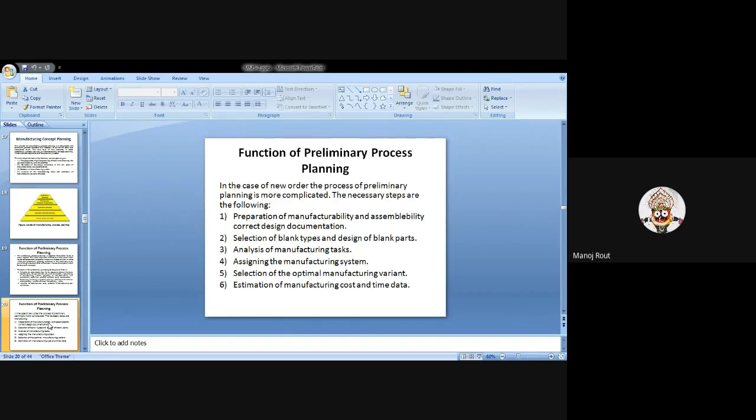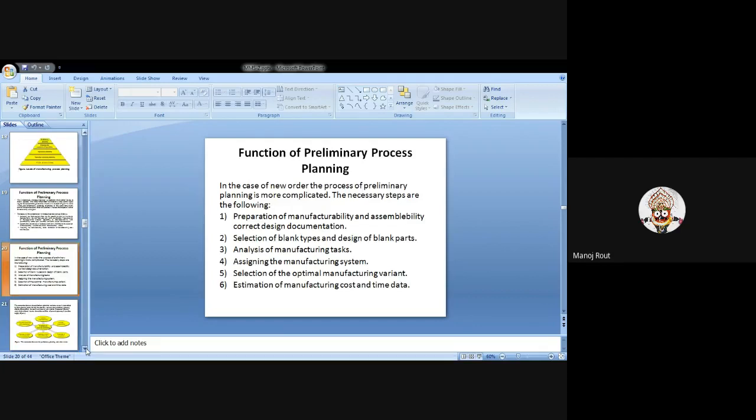The second one is selection of blank type and design of blank type parts. Then analysis of manufacturing tasks, then assigning the manufacturing system, selection of the optimal manufacturing variant, and the last one is estimation of manufacturing cost and time data. So these points should be considered whenever you take a new order in preliminary process planning.